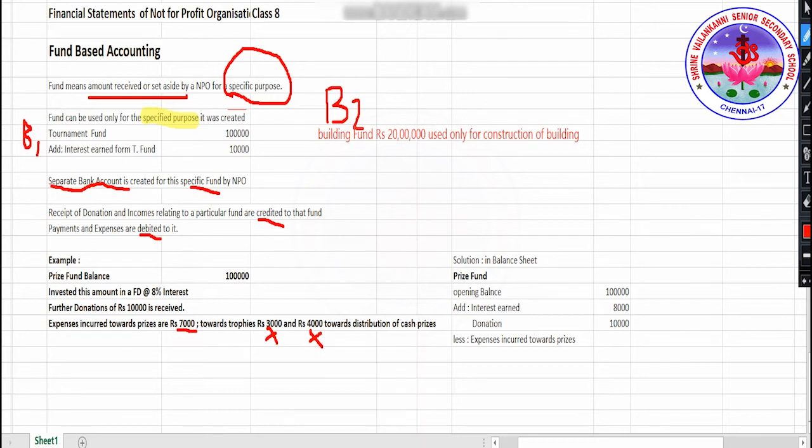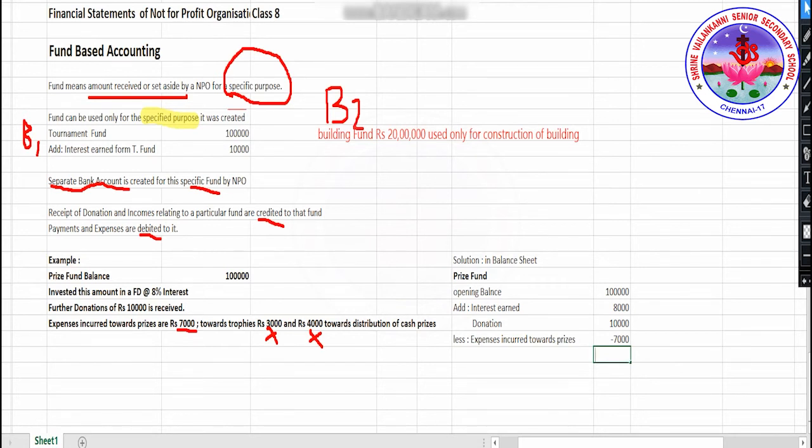This is a prize fund balance, so expenses related to that particular fund only should be here. So I'm going to deduct 7,000. 1 lakh plus 8,000 plus 10,000, which is 1,18,000, minus 7,000.